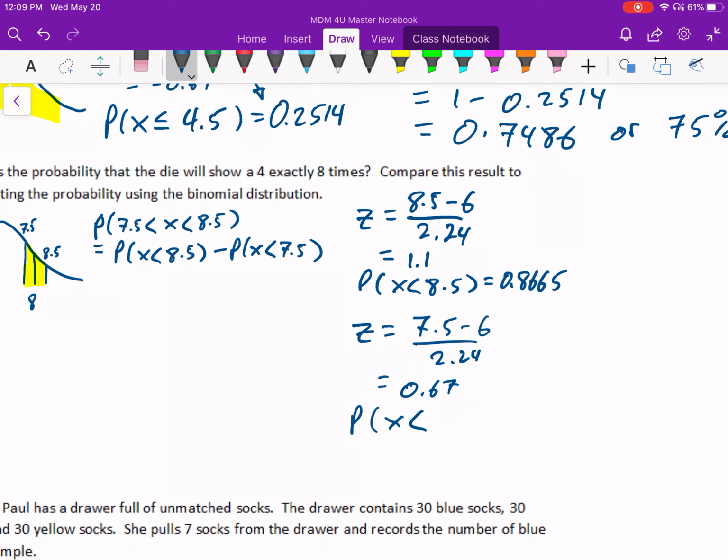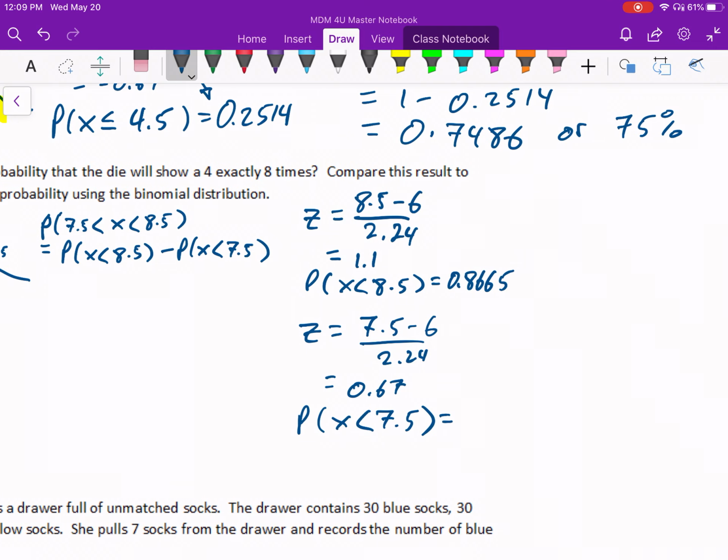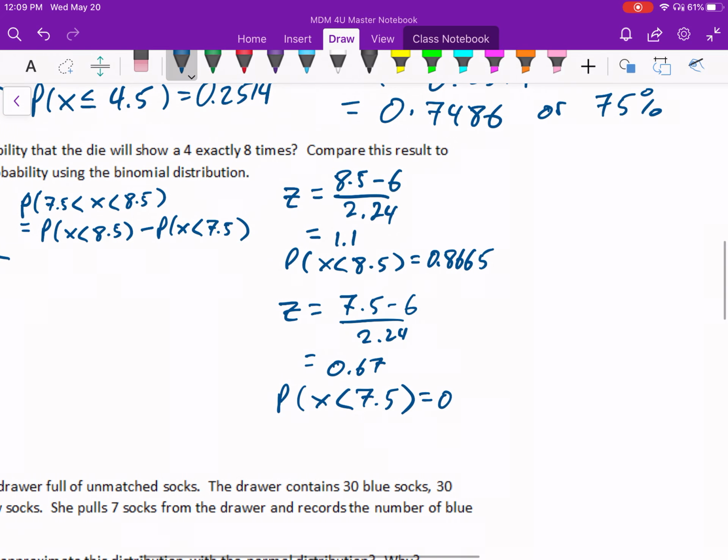Obviously, we should be referring back to the table for 0.67 and 1.1 to get the probabilities, but in the interest of making this lesson a little shorter, I've already got that for us. The probability associated with that was 0.7486.